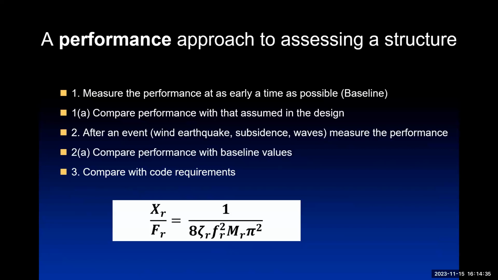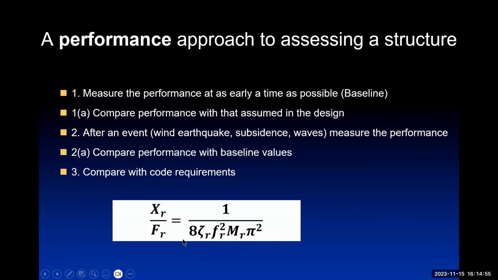So, a performance base. If we solve the equations of motion at resonance, we find that the value for a single resonance is dependent on 1 upon 8 zeta f squared m pi squared.